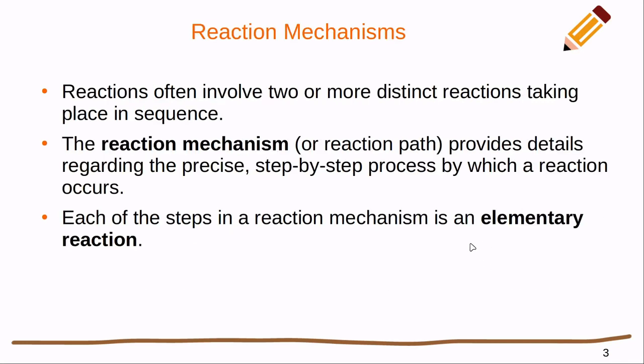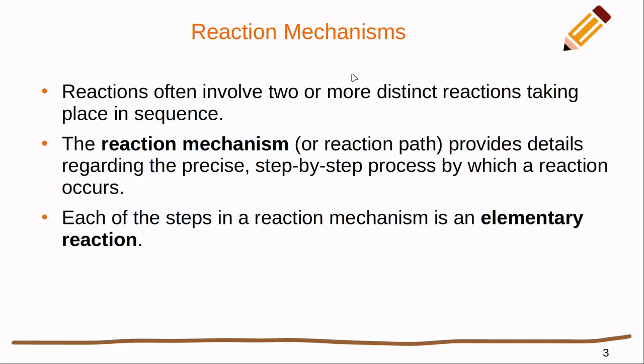So first off, what are reaction mechanisms? Basically, reaction mechanisms differ from the overall chemical reaction in that they're giving us more information. In a net chemical reaction, we're only seeing the beginning reactants and the end product.